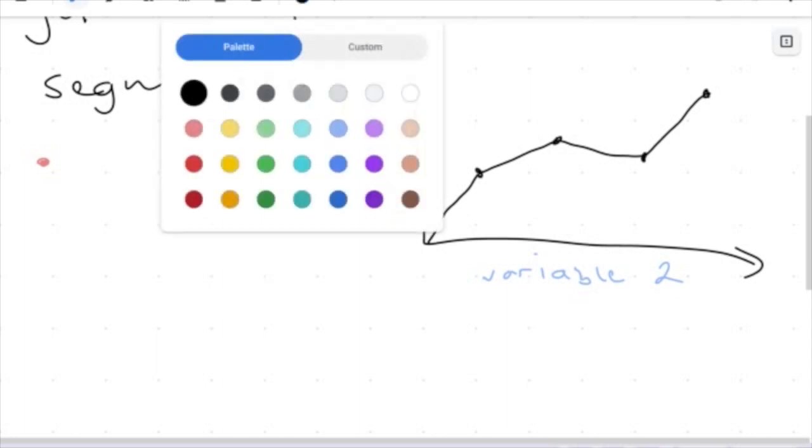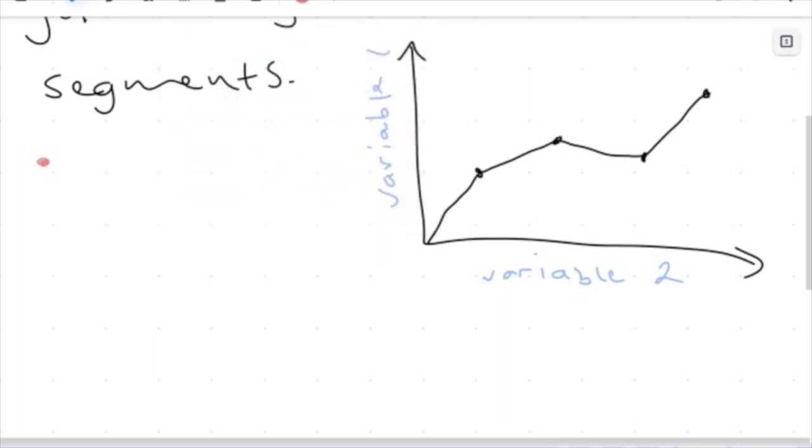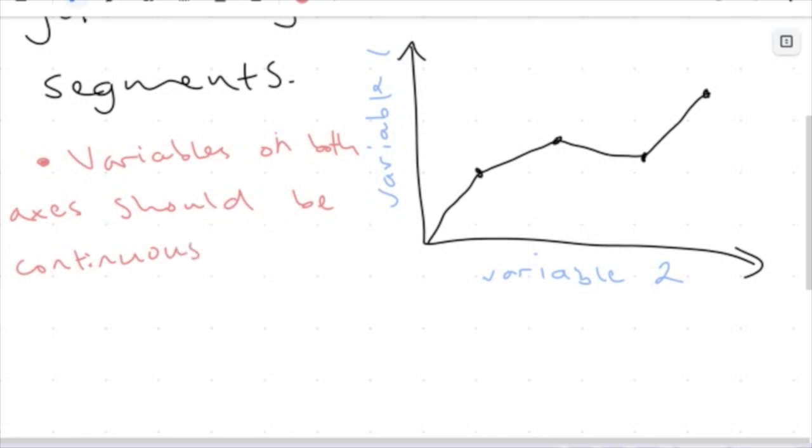Now, line graphs are a very special type of graph when showing statistical information. The variables on both axes, so the X and Y axis, should be continuous numerical data. So that's interesting.